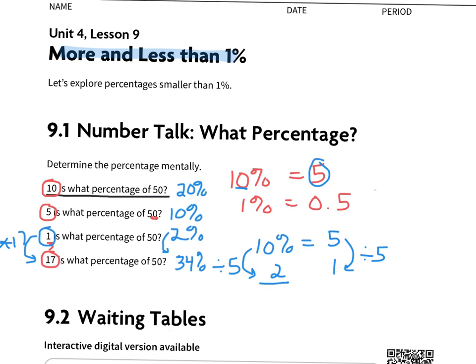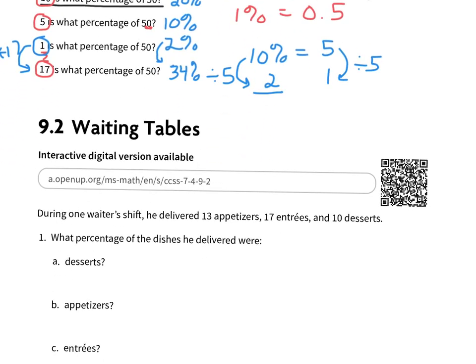The question here is about a waiter working his shift. During his shift he delivered 13 appetizers, 17 entrees, and 10 desserts. What percent of the dishes he delivered were desserts, appetizers, and entrees?